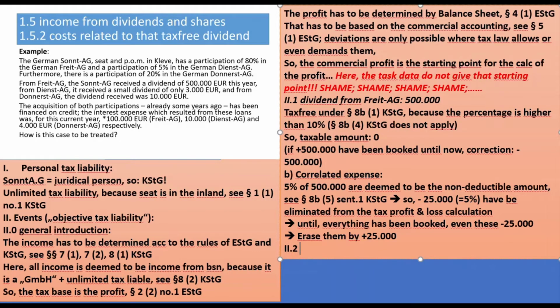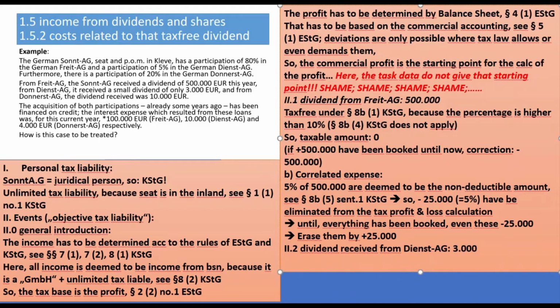2.2, dividend received from Dienst AG. That was only 3,000, not tax-free under paragraph 8b4, so regularly taxable, 3,000.